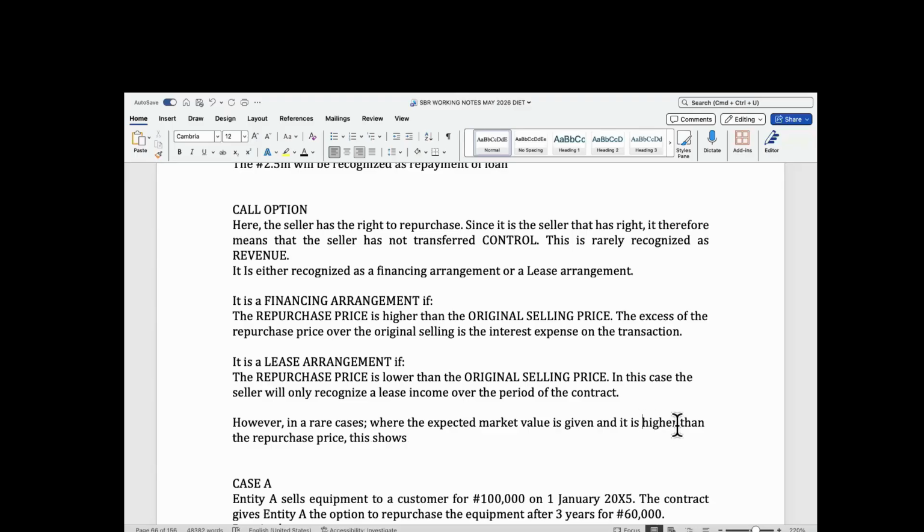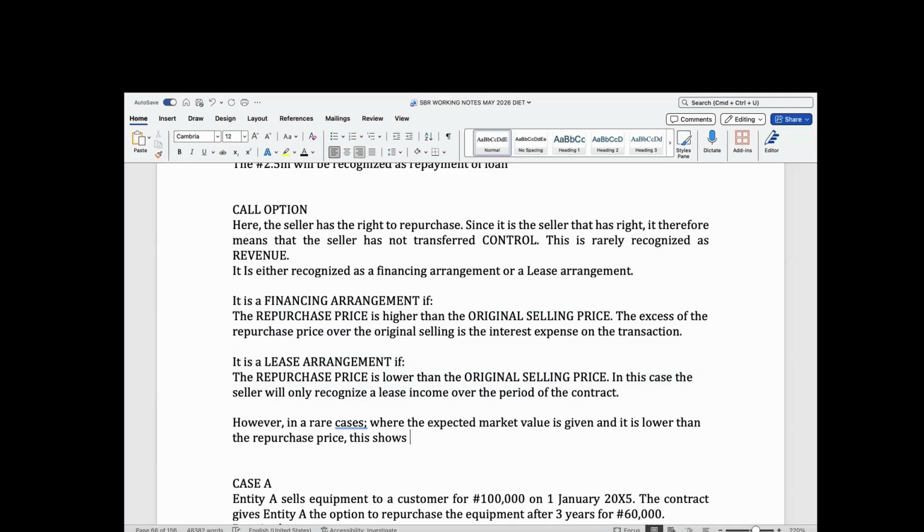But in this third case, what the examiner gives you is where the expected market price is lower than the repurchase price. If the examiner wants it to be a sale, they'll do it such that the expected market value is lower than the repurchase price. In that case, the seller will not even exercise that option at all.